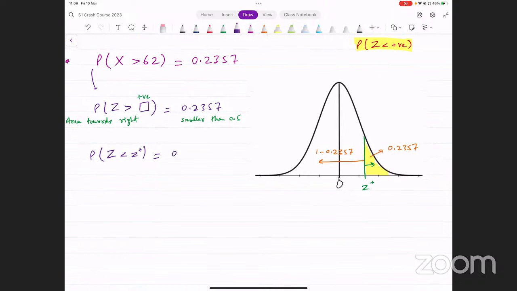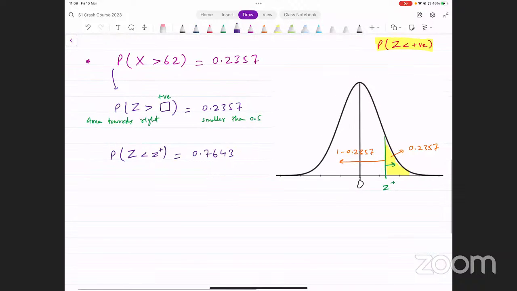That turns out to be 0.7643. Now we have the standard form. When we have the standard form, we can use the table to find the corresponding value for Z. So now we can use the table. Let's go to the table now and find the corresponding value of Z for this probability, 0.7643.